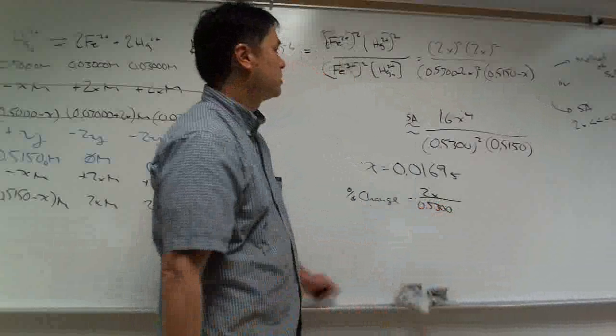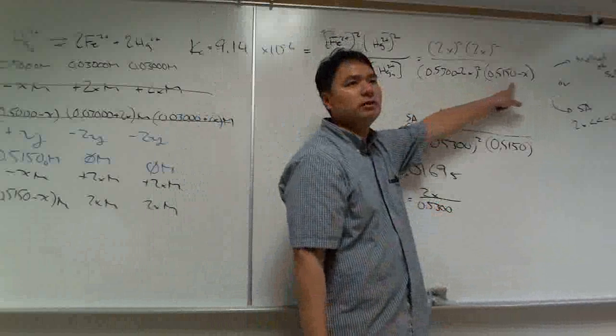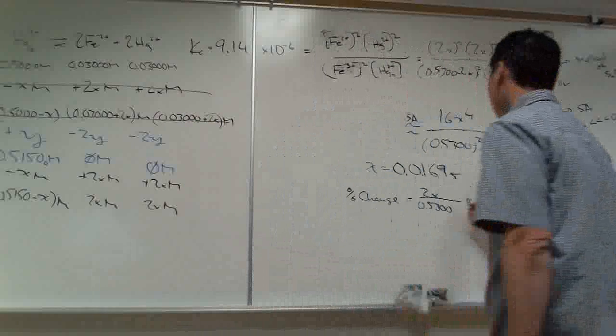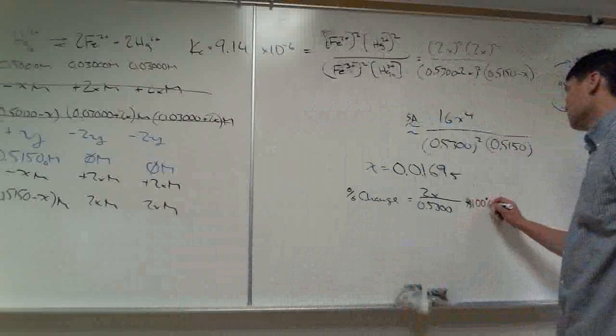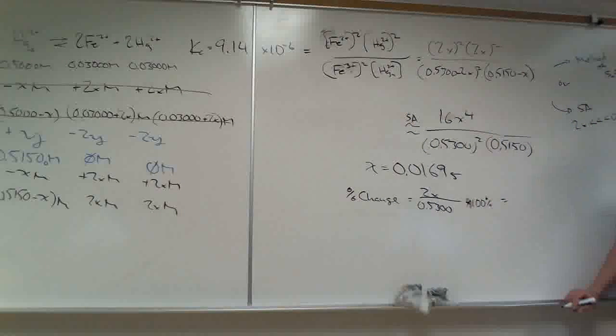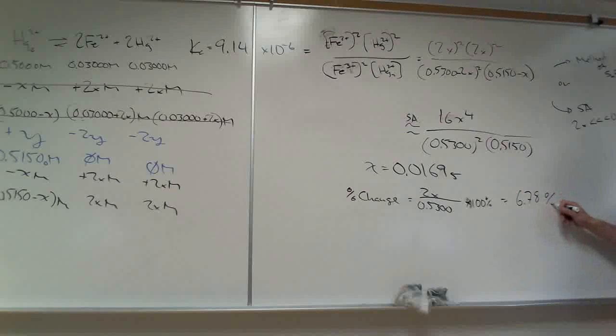The smaller percent change would be x over 5,150. And so we'll do that, 2x over 5,300 times 100%. And what does the percent change come out to? 6.78%. So close.